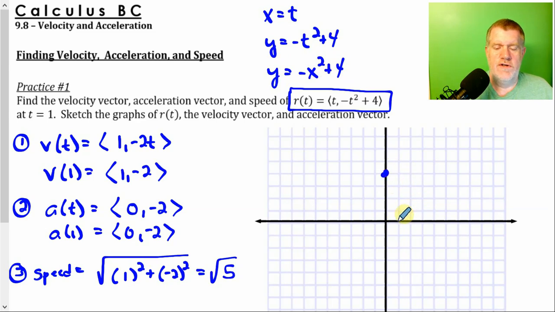And then if we go either side, at 1 it goes to (1, 3). And at -1 it goes to (-1, 3). At 2, we get 0. And at 3, we get -9 plus 4, which is -5. And the same thing over here.